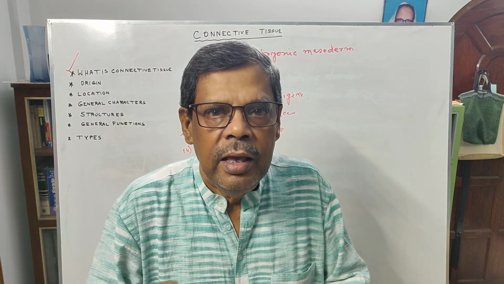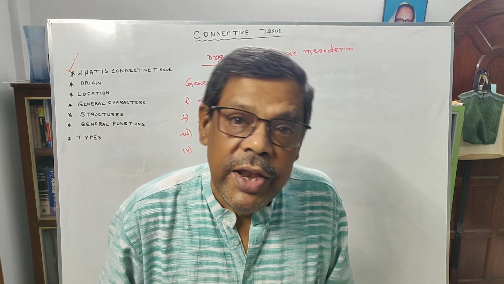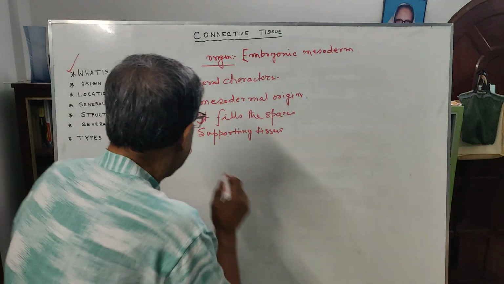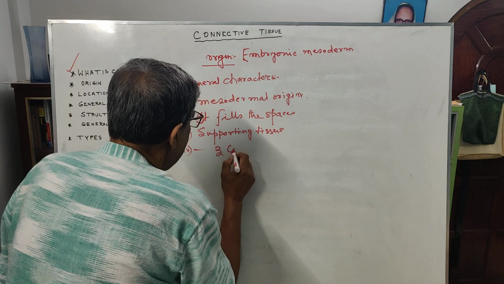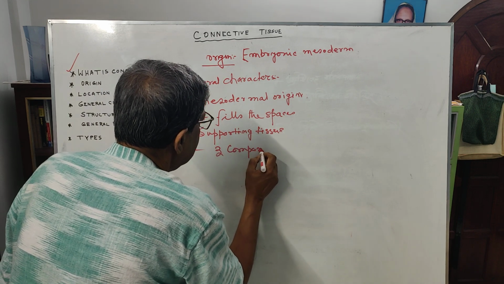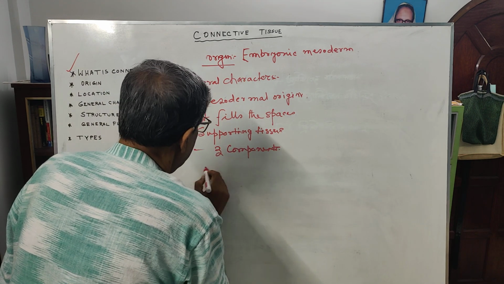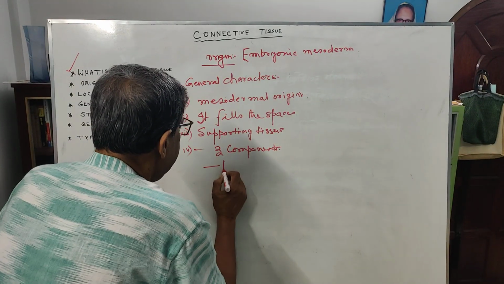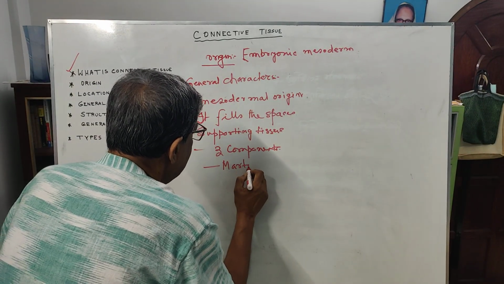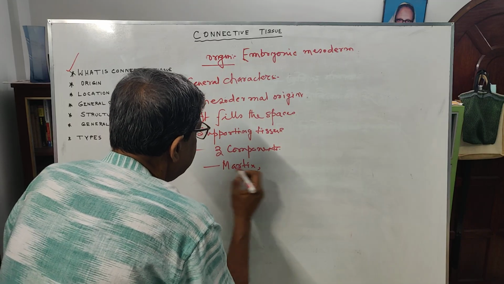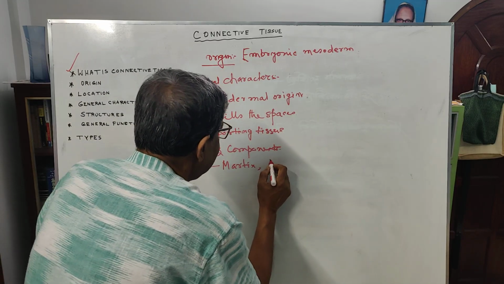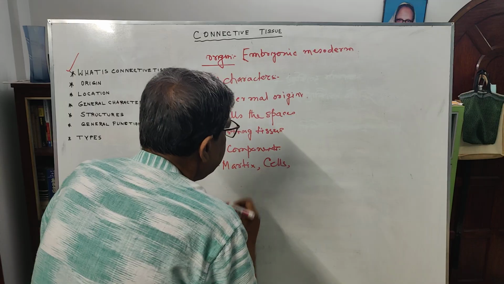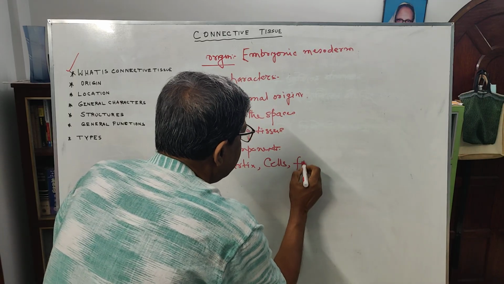Number 4, it is composed of 3 components, that is matrix, cells, and fibers.